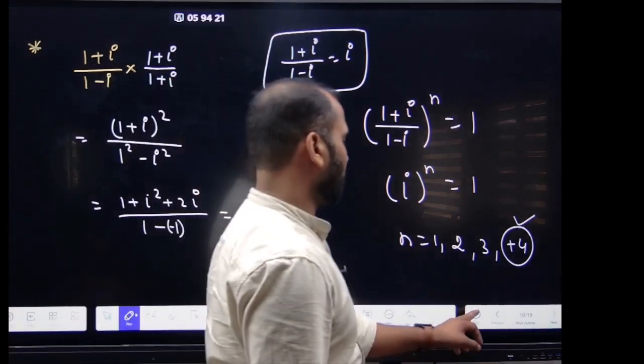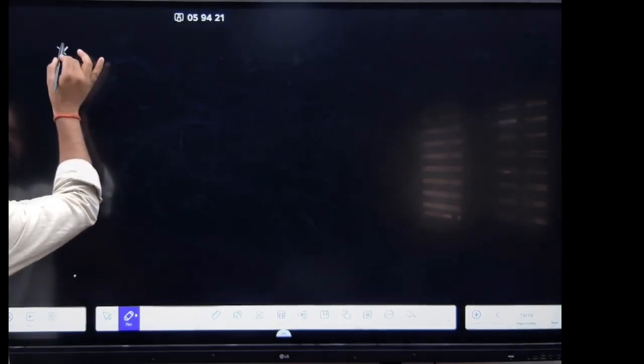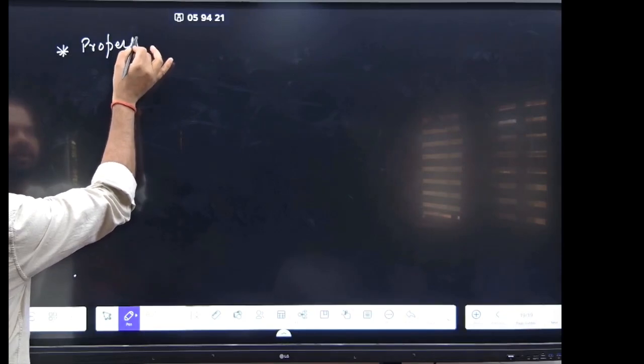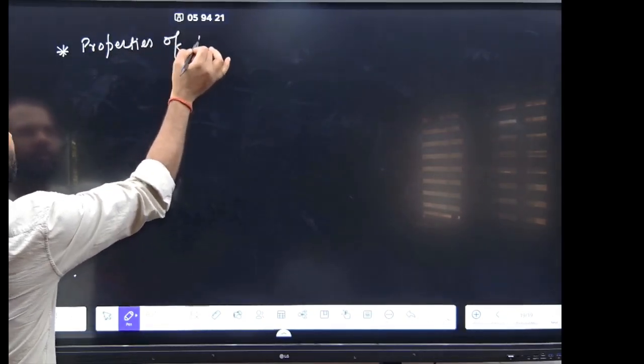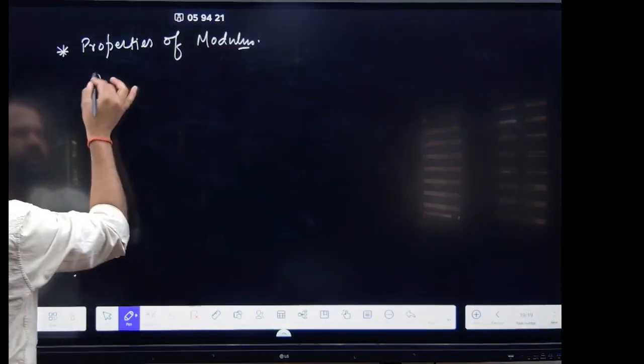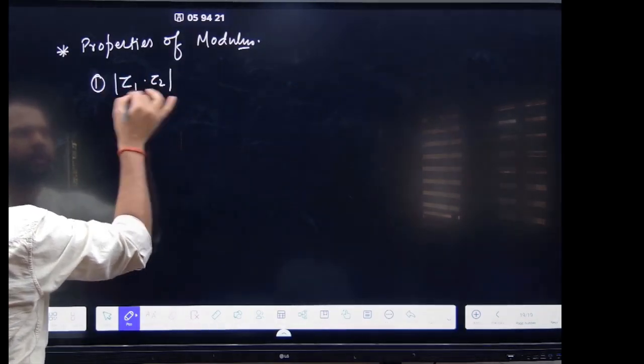Next, a little bit I will teach you the modulus. Put the heading. Already you know modulus, properties of modulus you write, so that you will be able to solve the rest of the questions. Properties of modulus. Just see, first, suppose if Z1, Z2 is there, mod you want to calculate.